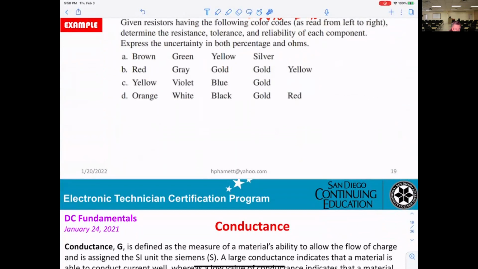So go ahead and tell me, number A: brown, green, yellow, silver. I want the answer. Whoever can get it done, tell me. So make sure everyone, when you're looking into the color code, you're able to recognize the value, even if you have to use the table. I just want to do number A.